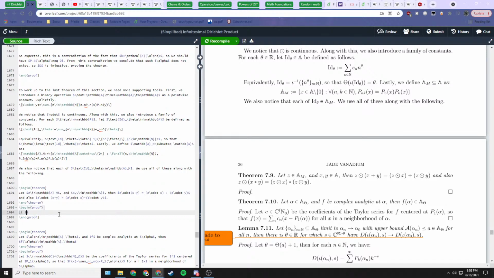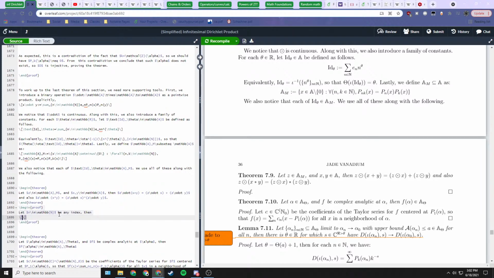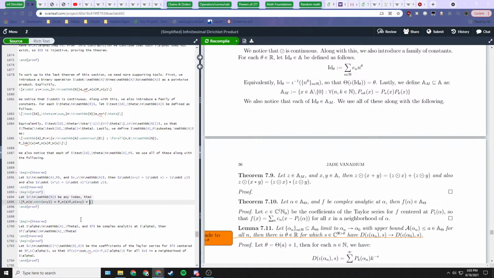let n in N be any index. Then we have p sub n of (z O dot (x plus y)), which by definition is p sub n of z times p sub n of (x plus y), which is equal to p sub n of z times p sub n of x plus p sub n of z times p sub n of y.